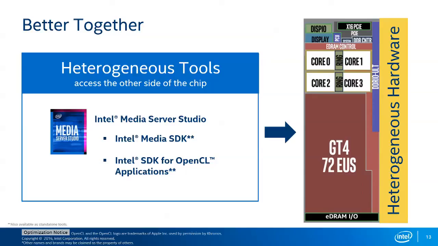So as we covered in the previous section, the capabilities of that hardware can be pretty significant. If you look here at that 72 EU, that GT4 configuration, it can be a pretty significant part of the overall architecture, the overall real estate of the chip.